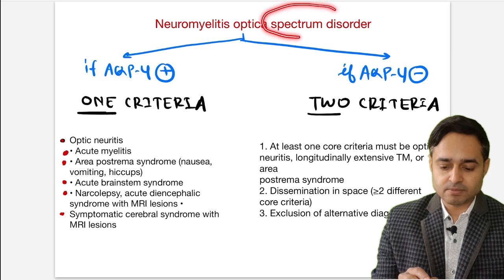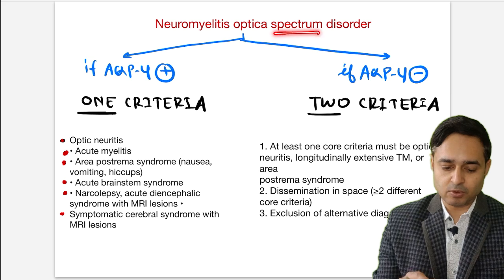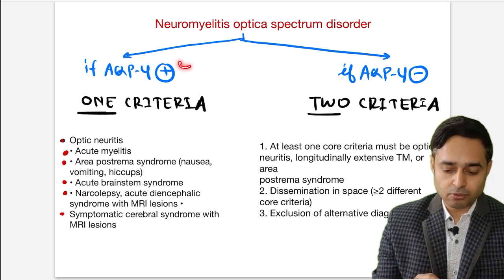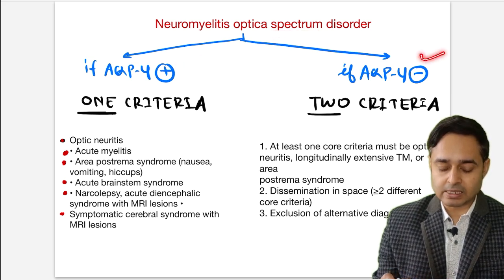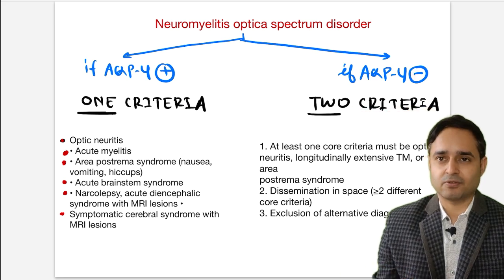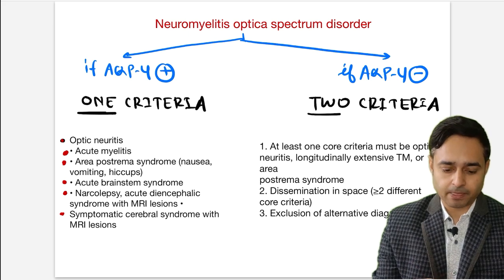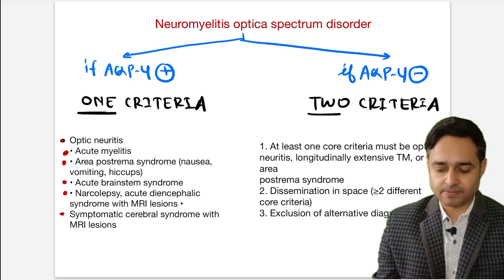Neuromyelitis optica spectrum disorder, NMOSD. If aquaporin 4 is present, one criterion is required, and if aquaporin 4 is absent, two criteria are required. Again, give your attention here. Just go through these criteria: optic neuritis, acute myelitis, area postrema syndrome, acute brainstem syndrome, narcolepsy, and symptomatic cerebral syndrome with MRI lesions. If aquaporin is negative, two criteria are required.